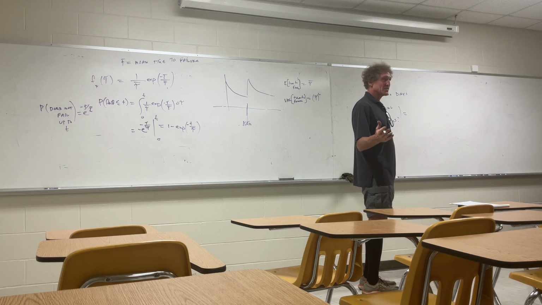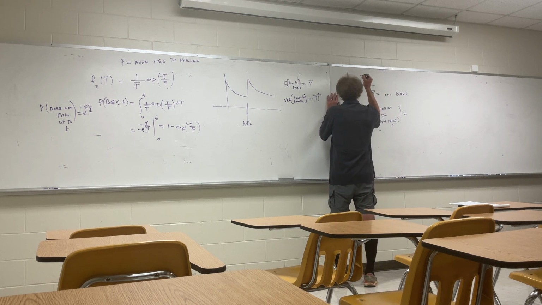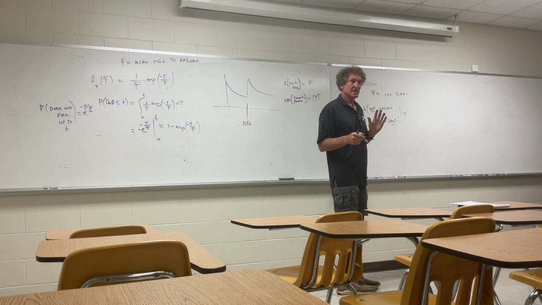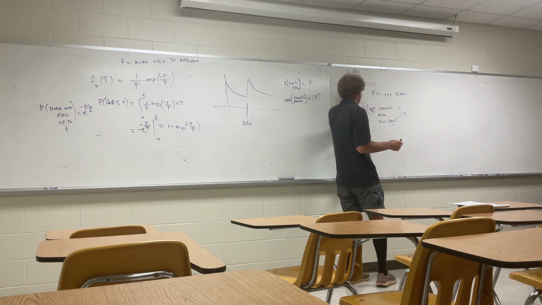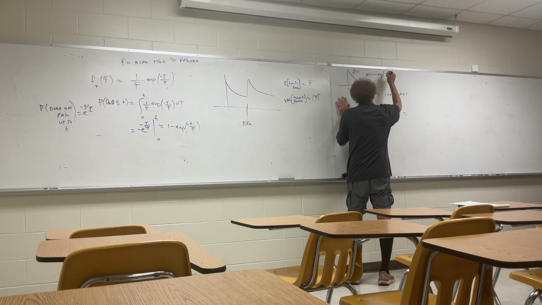Now just think about this logically. You know that this is the density function for failure, right? You with me on this? So the probability there's a failure between here and here, that probability, or the F of t, is equal to 1 minus exp to the minus t over tau bar.